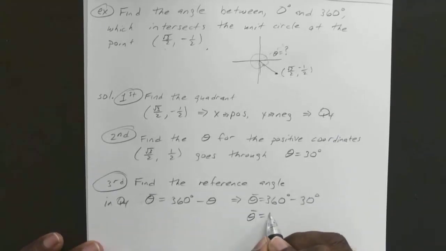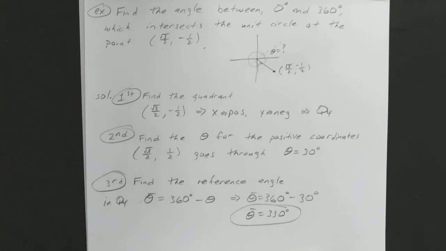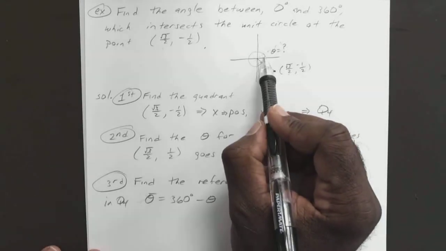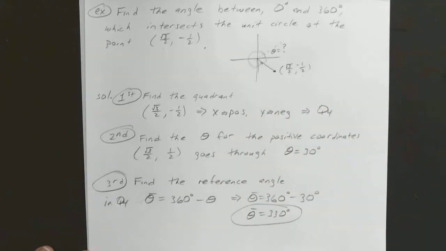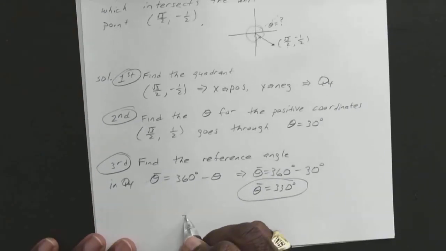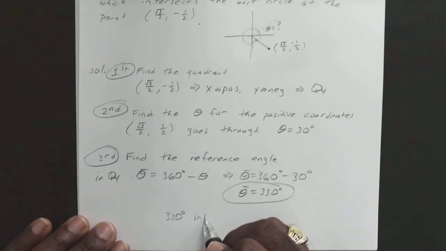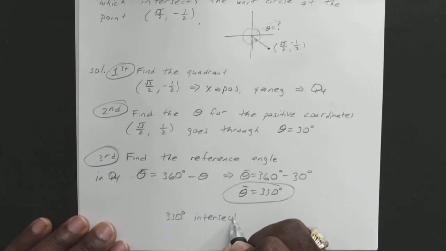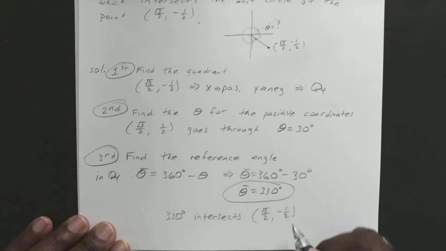So our reference angle is 330 degrees. So that means if you started here and you swung around 330 degrees, that's the point you end up at. Okay, so 330 degrees intersects square root of 3 over 2, negative 1/2.